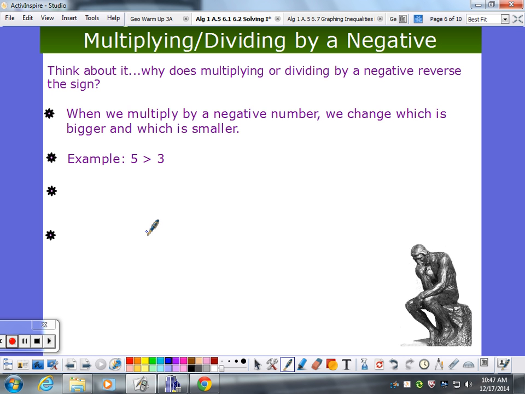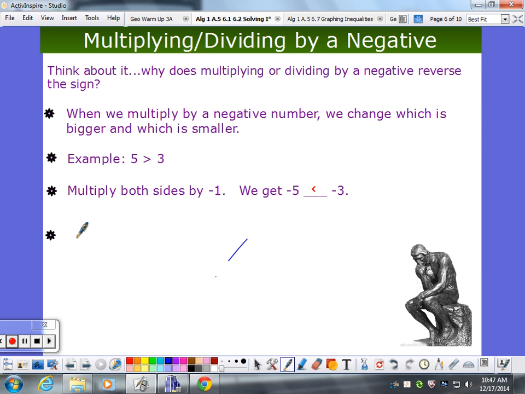So, 5 greater than 3, true or false? 5 greater than 3. True. Would you rather have $5 or $3? $5, right? It's bigger. Okay, so I'm going to multiply both sides by negative 1, right? Negative 5 and negative 3. Is negative 5 bigger than negative 3? No. It's less than. When you multiply by, what's happening?